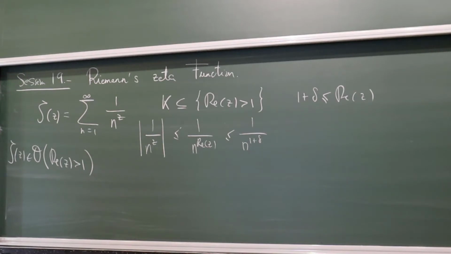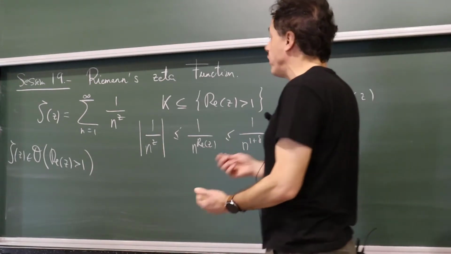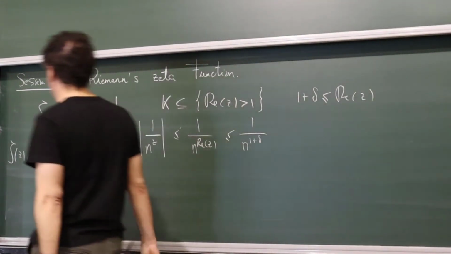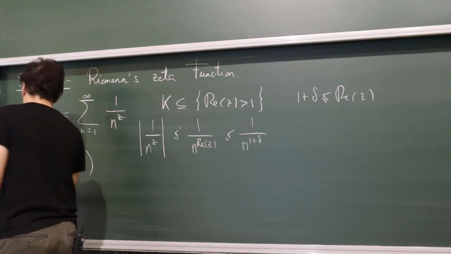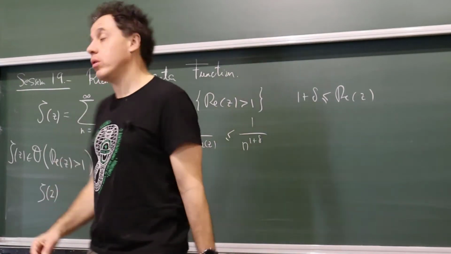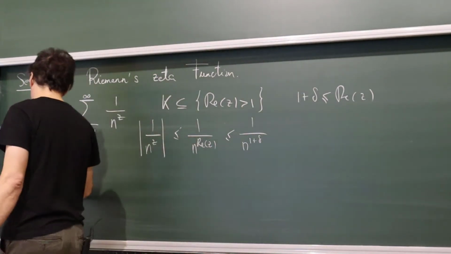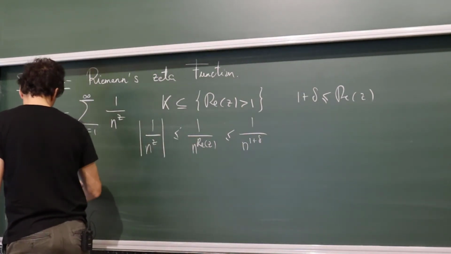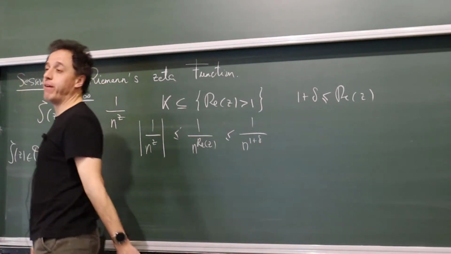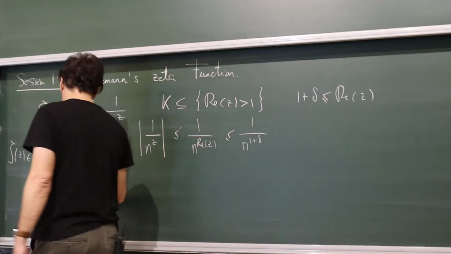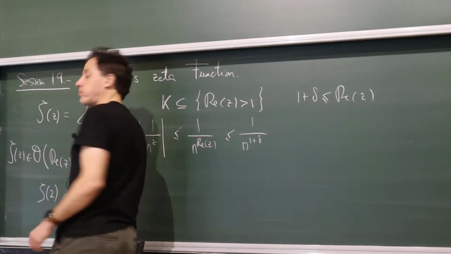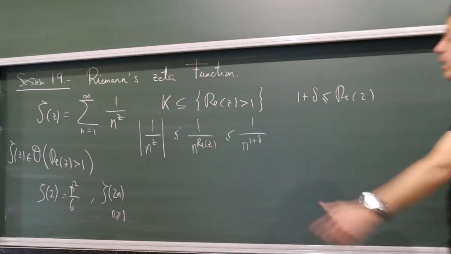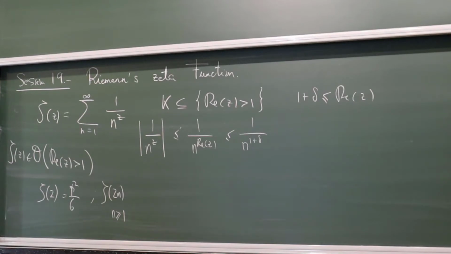You can recognize some values of this function. For instance, we have already spoken about Basel's problem, which is to compute zeta of 2, and it would be pi squared over 6. In fact, Euler computed all the values zeta of 2n, giving a general method to compute all these values.